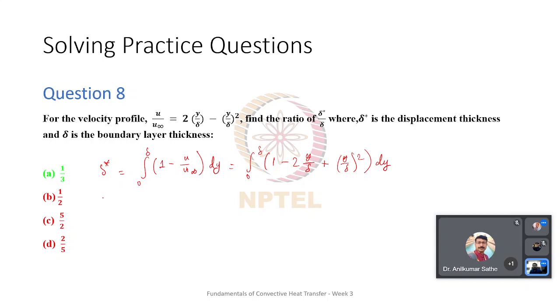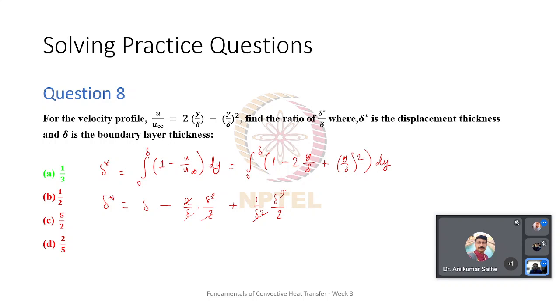Now if we integrate this, the first term will give y, and since it's from 0 to delta, that would be delta, minus 2 by delta into y square by 2, and if we put in delta, then delta square by 2, so the 2 cancels out, one delta cancels out, and the last term gives 1 by delta square, and this becomes y cube by 3, and since it's from 0 to delta, that's delta cube by 3.